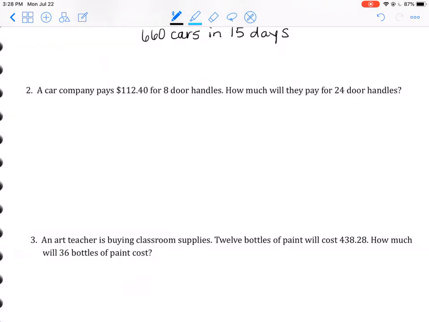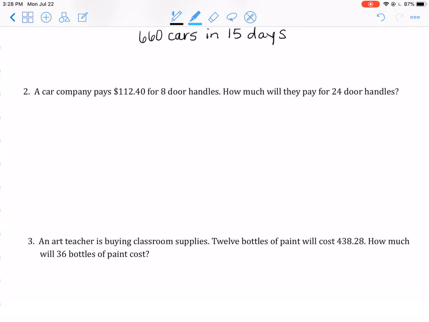Okay, number 2. A car company pays $112.40 for 8 door handles. How much will they pay for 24 door handles? So highlight your question and look for your units.